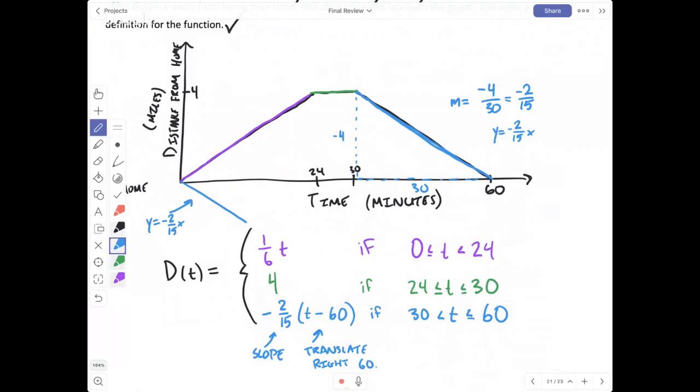But more importantly, Maritza, I hope that I answered your question about how I found out that this part should be negative 2/15 t minus 60. Got the slope from right here, and then I brought it to the right spot by going right 60.